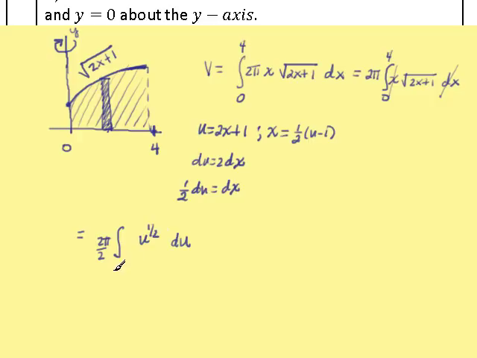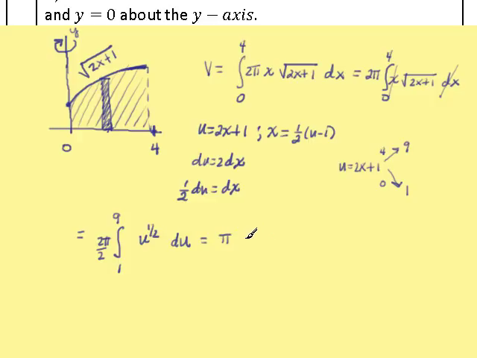We still have to get u limits of integration over here, so let's do that. Let's say when x is equal to 4, we have 4 times 2, 8 plus 1 is 9. And when x is equal to 0, we have 2 times 0 plus 1, that's 1. So we're integrating from u equal 1 to u equal 9.